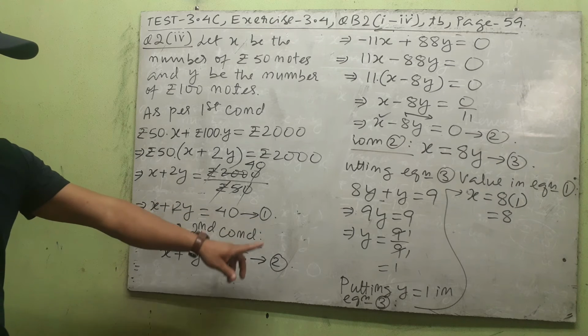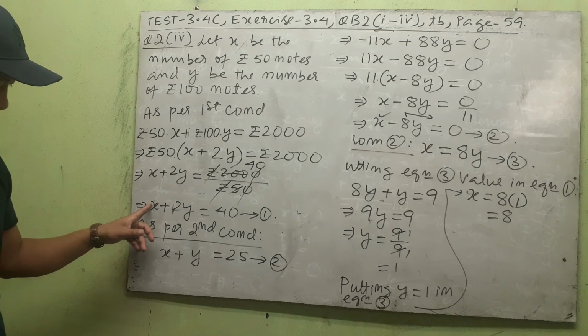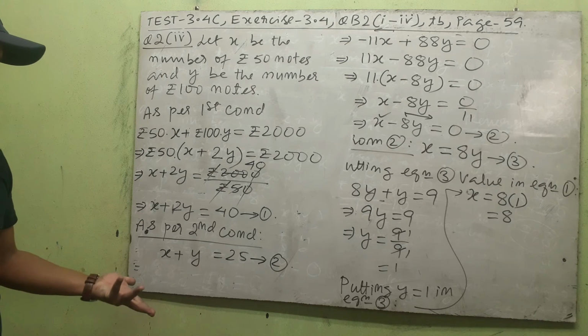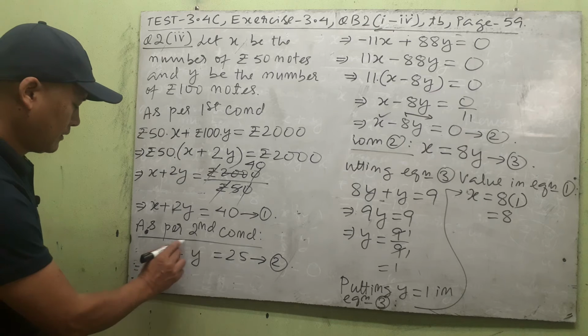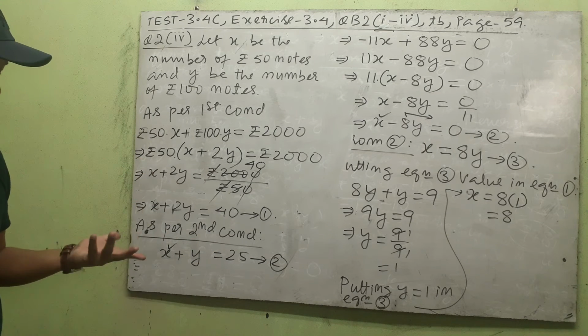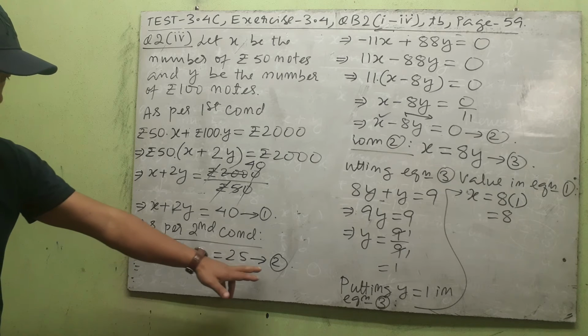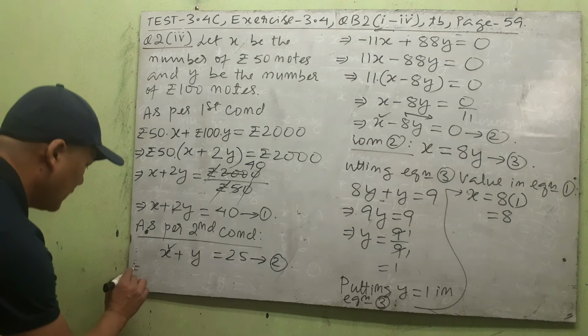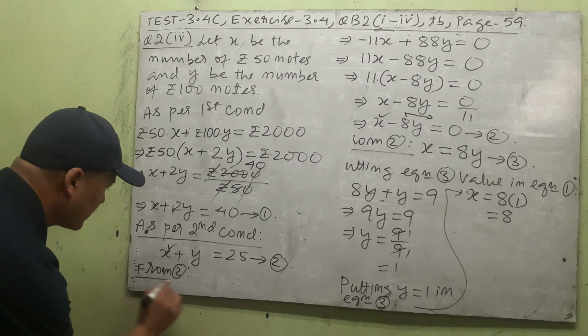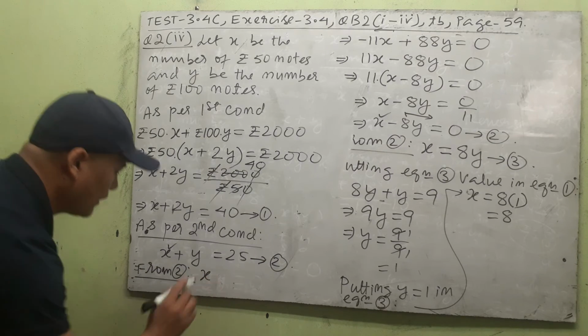As we see in equation 2, the coefficients of x are simpler, 1 and 1, and y here also 1. So 1, 1, 1, any one we can take. We decided to take from 2. So I'm going to write here, from equation 2, I wanted to take this 1x term alone.